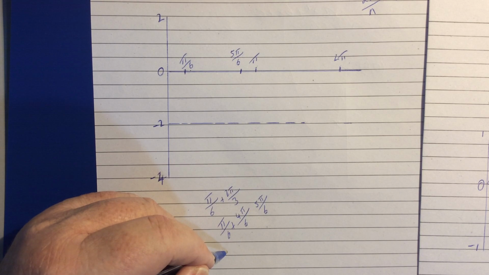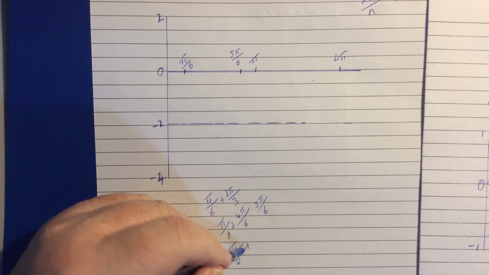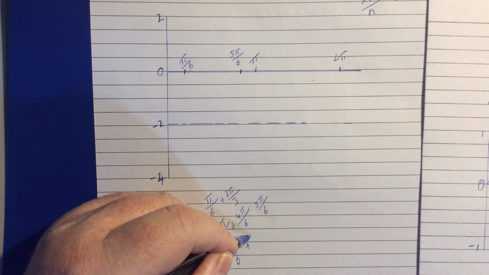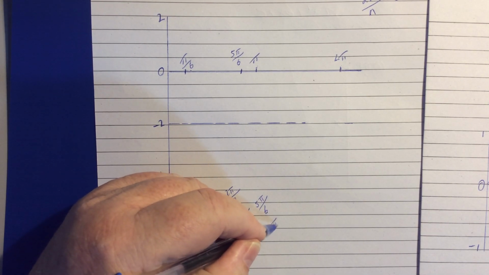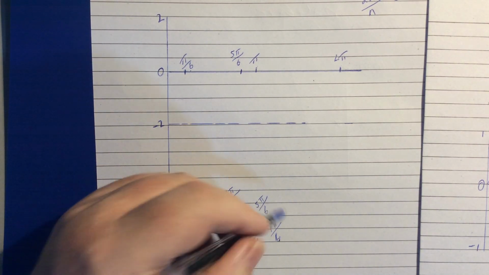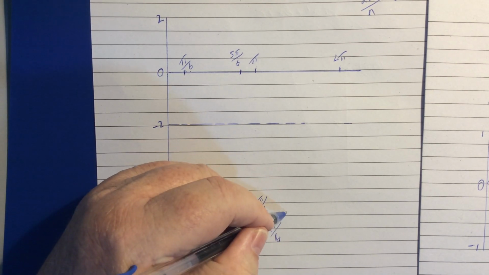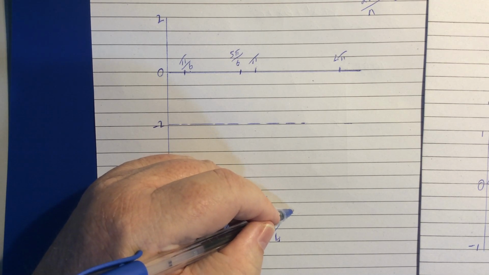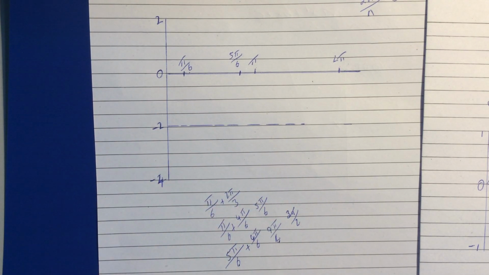And if we take 5 pi on 6 and we add the equivalent of 2 pi on 3, which is 4 pi on 6, we get 9 pi on 6, which we can simplify, that is 3 pi on 2.